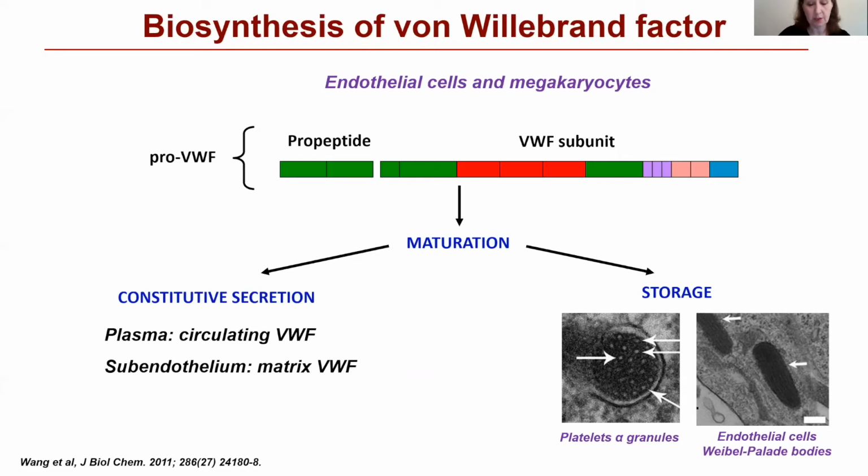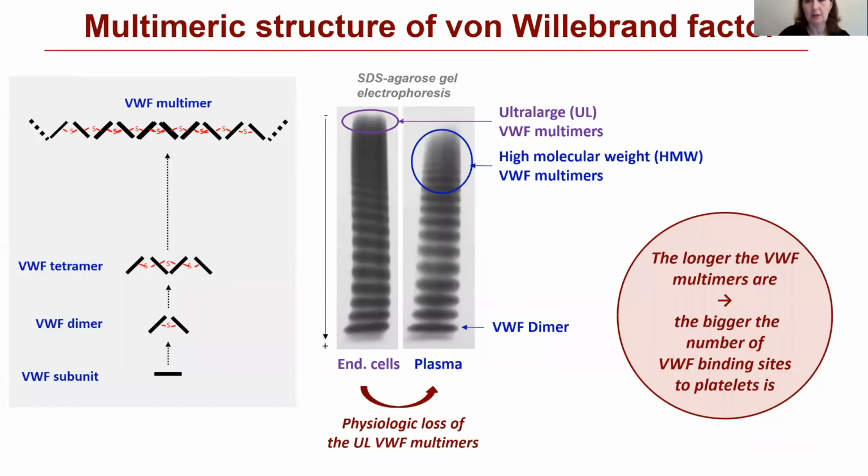During its maturation process, there is a constitutive secretion of von Willebrand factor, both in the blood and in the subendothelial matrix. Also, some von Willebrand factor is stored within the Weibel-Palade bodies of endothelial cells and in the alpha granules of platelets.